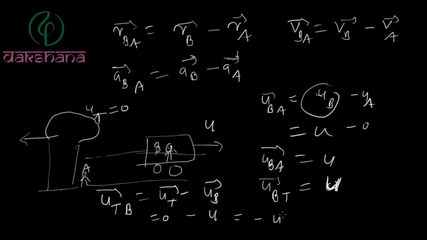Since velocity of tree is 0 with respect to ground and this is u, it comes out minus u. Here the negative sign shows that if the car is moving in rightward direction with respect to the tree, then with respect to this car or the man in the car, the tree will be moving in backward direction or left direction with the same speed u, but the negative sign shows the opposite direction. So with respect to the tree the car is moving towards right and with respect to this car the tree is moving towards left.